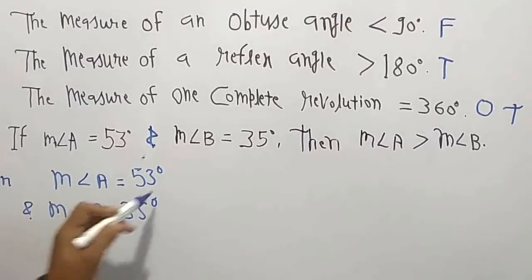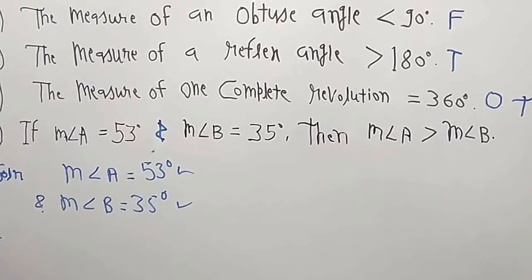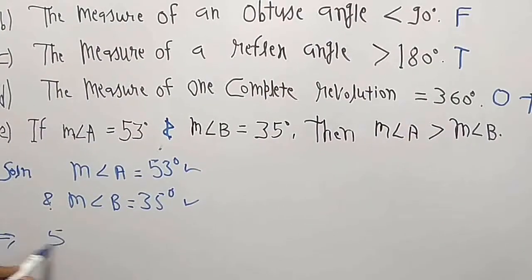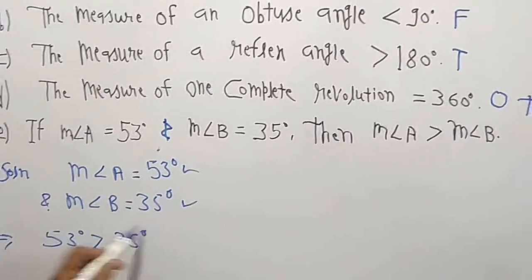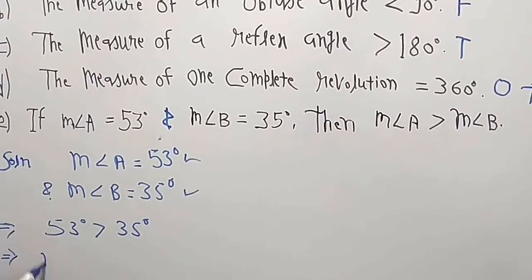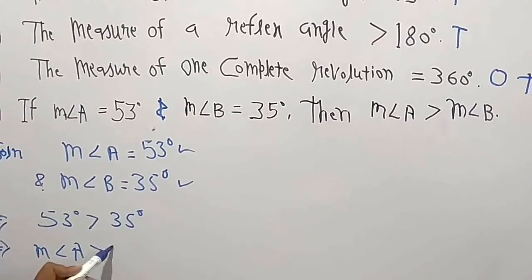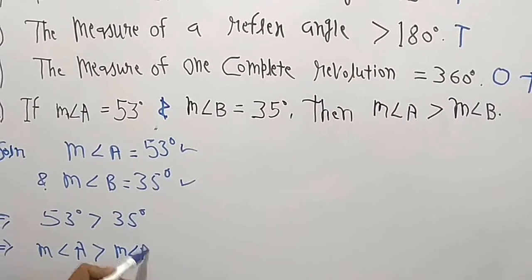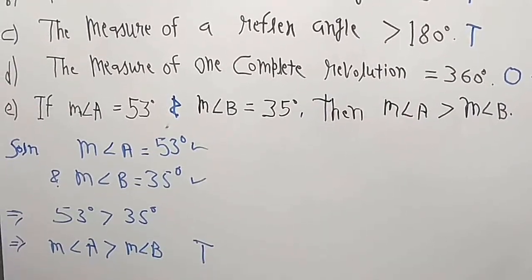We can easily observe it, 53 degree is greater than 35 degree. So we can write 53 degree is greater than 35 degree. It means what? Measurement of angle A is greater than measurement of angle B. So it is a true statement.